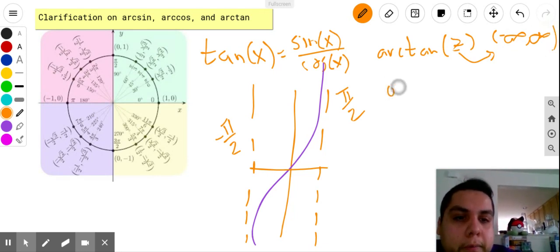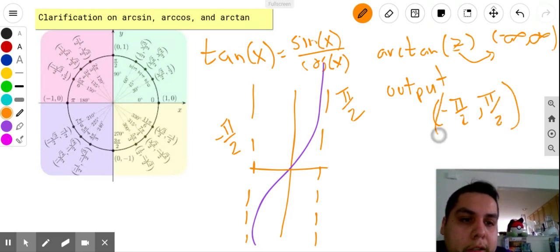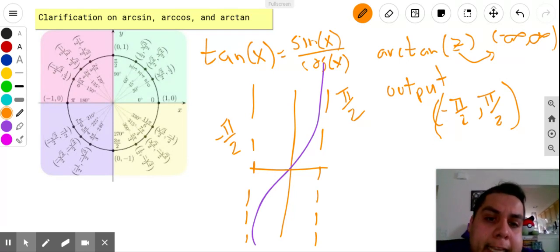Its output will be bound from a negative pi over 2 to a positive pi over 2. Notice this time I'm using parentheses because tangent cannot exist at negative pi over 2 or pi over 2 or any odd multiple of pi over 2.